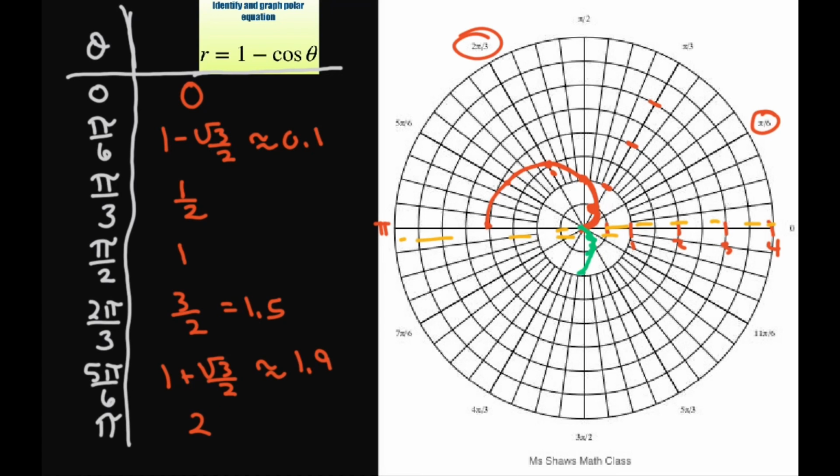At 4 pi divided by 3, it's going to be at 1.5. So 1.5 here. And at 7 pi divided by 6, it's close to 2. So that's going to be 1, 2, very close. And you swing back around. So there you go. And let's make it all the same color.